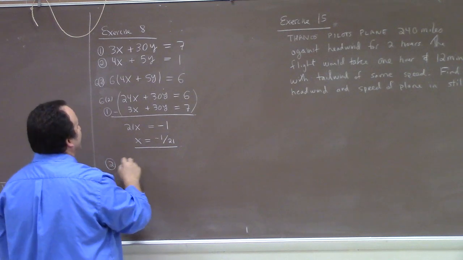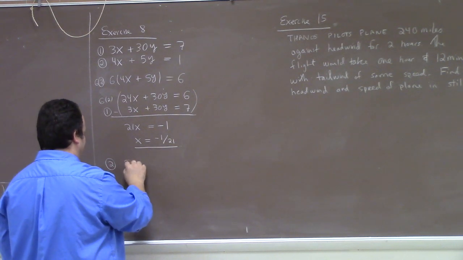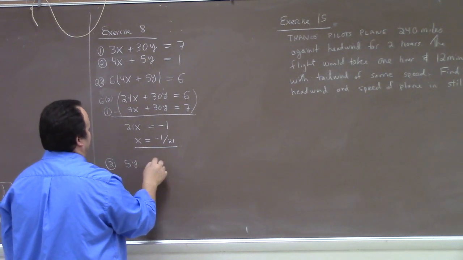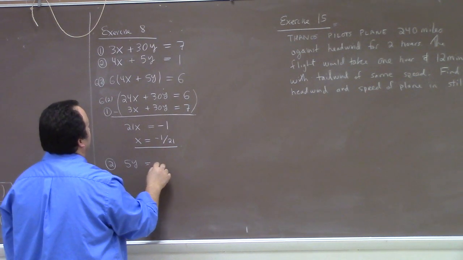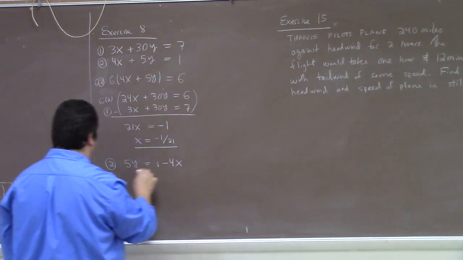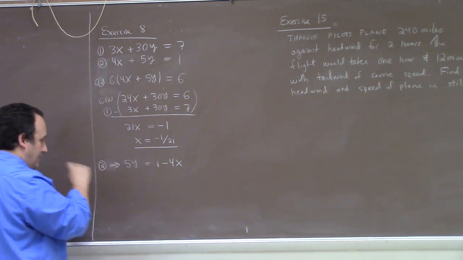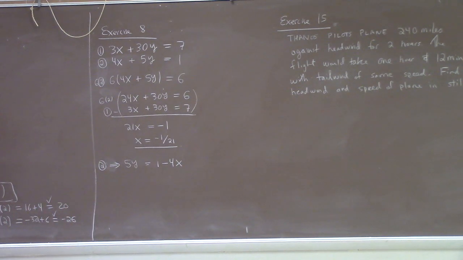So, equation 2. You guys got to give me, let's see here, 5y is 1 minus 4x. Can you agree? Let me say that equation 2 tells me that 5y is equal to 1 minus 4x. Did you guys agree?